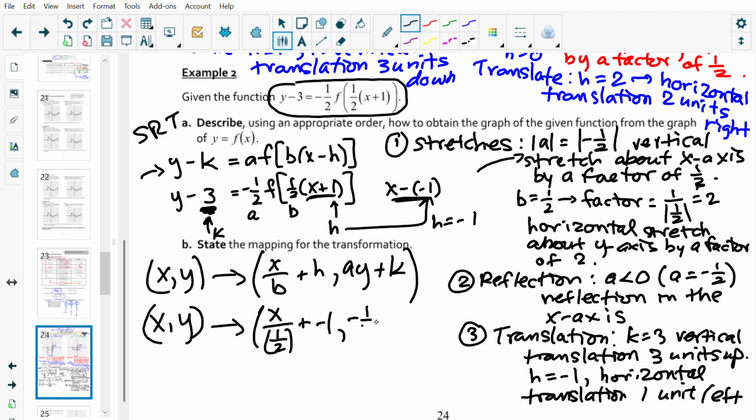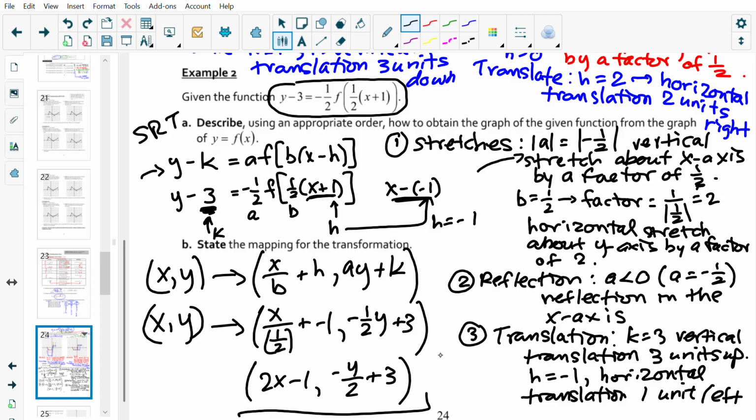What's h? Plus negative 1. A is negative 1/2, y, and then k is plus 3. Okay, let's simplify everything. That's 2x minus 1, and that's negative y over 2 plus 3. There you have it.